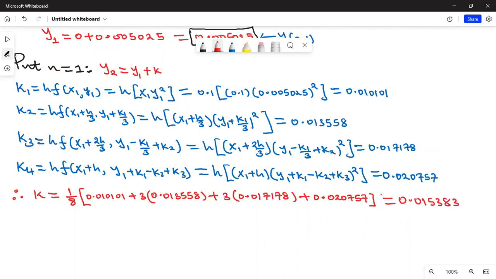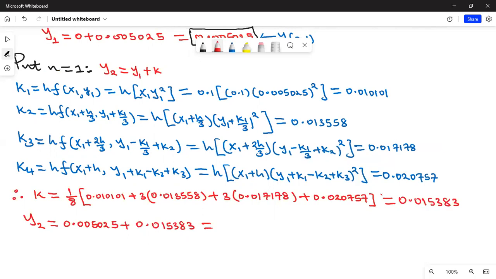And so y2 is equals to y1, which we got as 0.005025, plus our k, which is 0.015383. Press in your calculator.